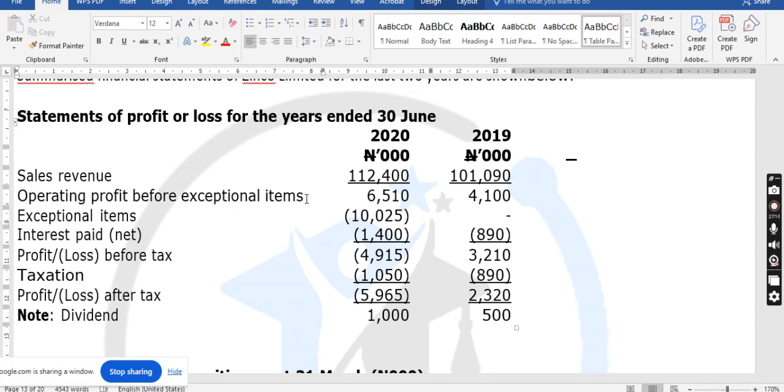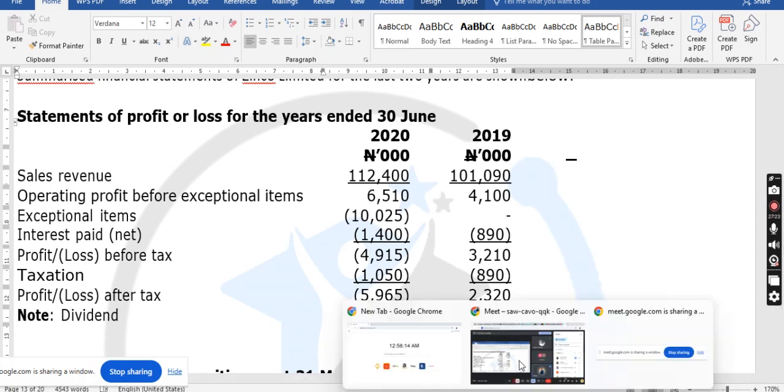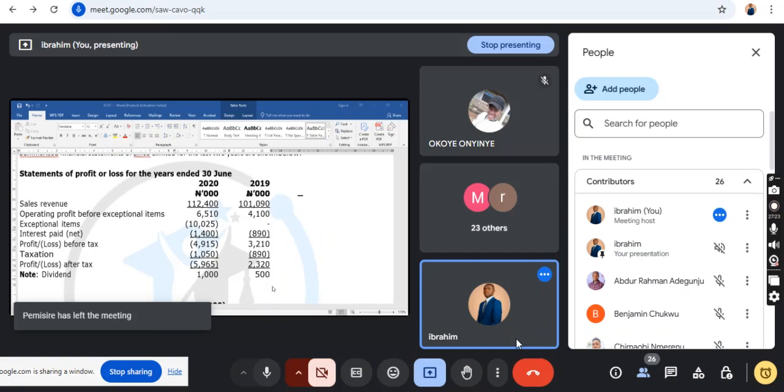We don't know how they arrived at the cost of sales. Now, exceptional items. Class, the question is, what are exceptional items? We need to analyze this part.